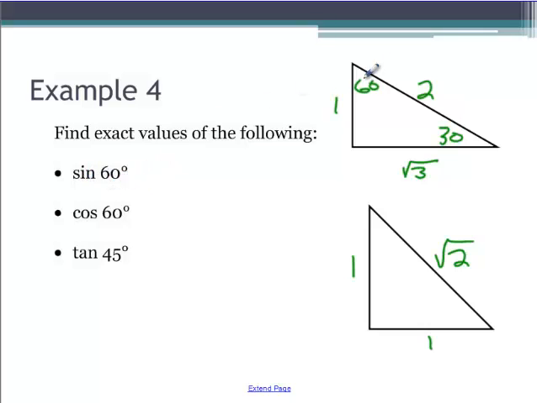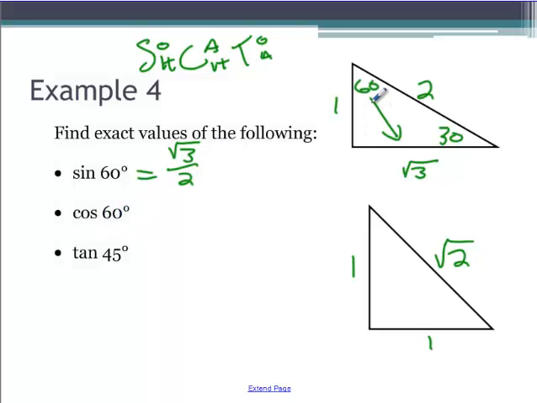So the sine of 60 is, let's write SOHCAHTOA one more time, and sine is opposite, square root of 3 is across the shape, over the hypotenuse, which is 2. Cosine of 60. Cosine is adjacent.